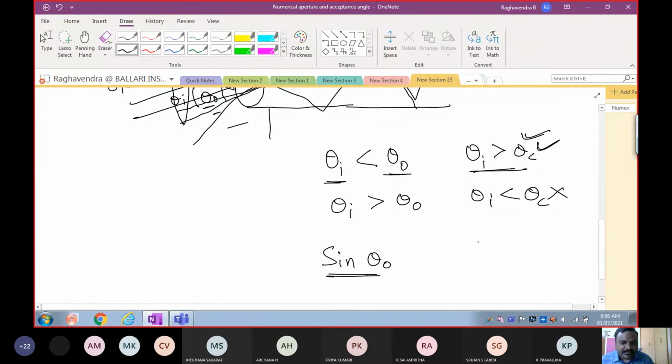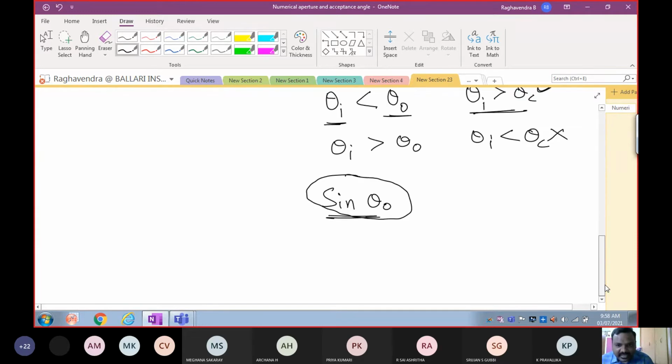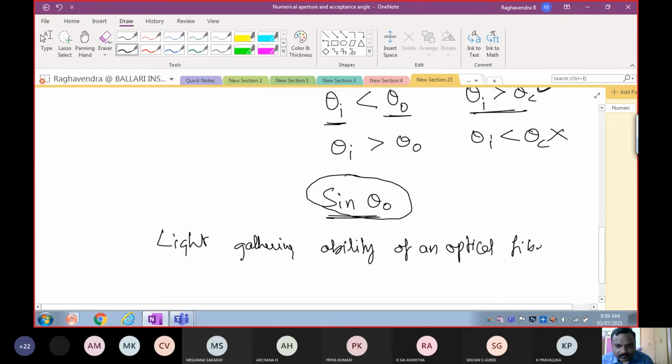Mathematically it is expressed as sine of acceptance angle, but the meaning of numerical aperture is the light gathering ability of an optical fiber.